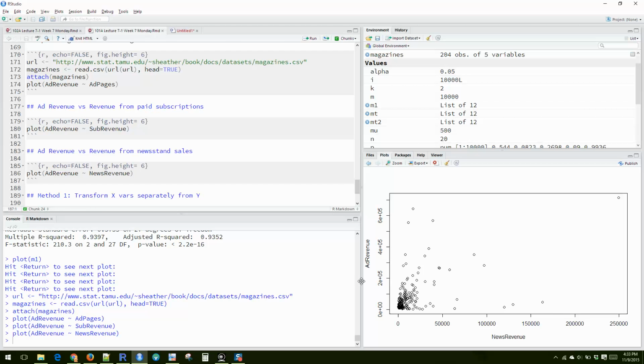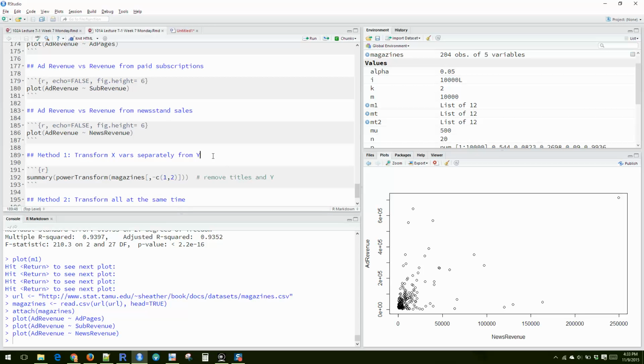All right, so there's a few ways to handle this. We can transform the x variables separately from the y variables. And the code to use, you need to use library car, and you just take your data set.